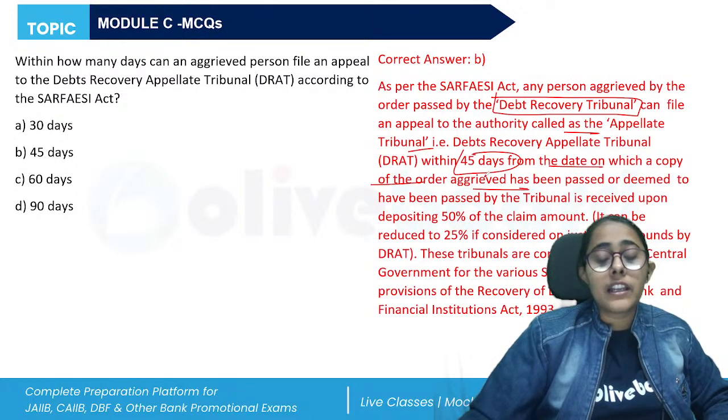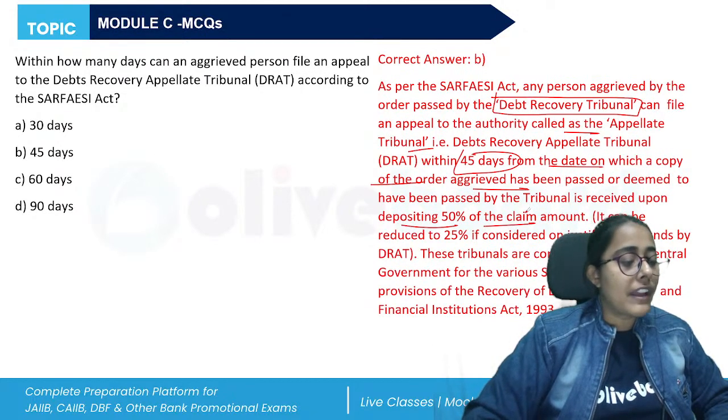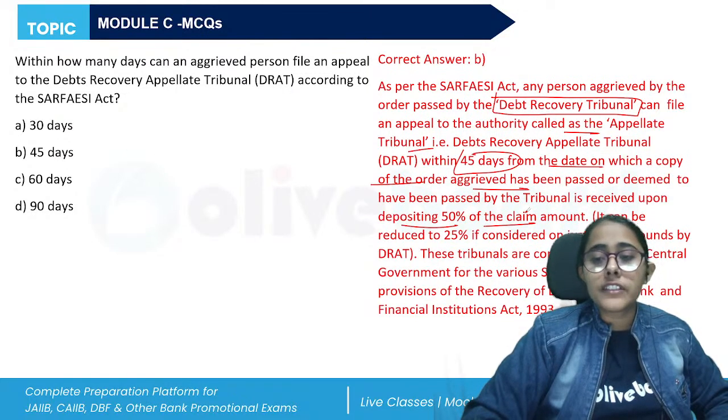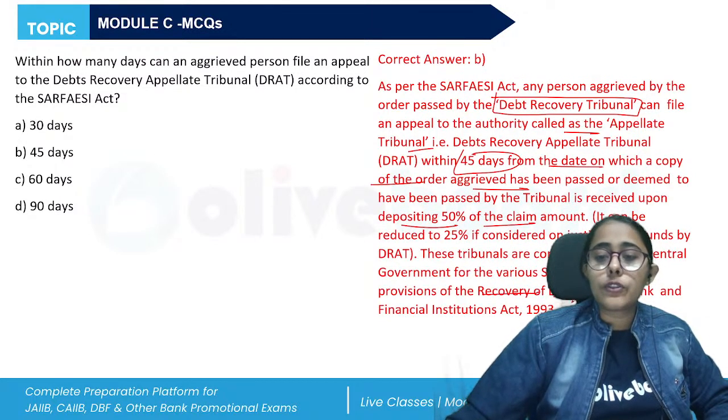And this will be done only after the tribunal has received the deposit of 50% of the claim amount. Later on, it can be reduced to 25% if stated by DRAT. Alright? So these tribunals are constituted by the central government for various states as per the provision of the Recovery of Debts Due to Banks and Financial Institutions Act 1993.